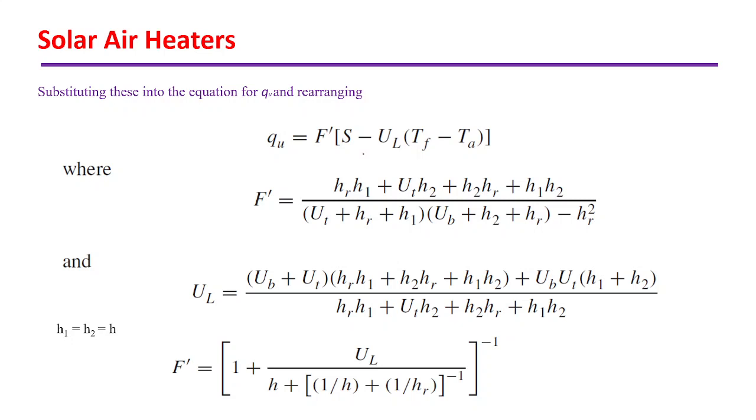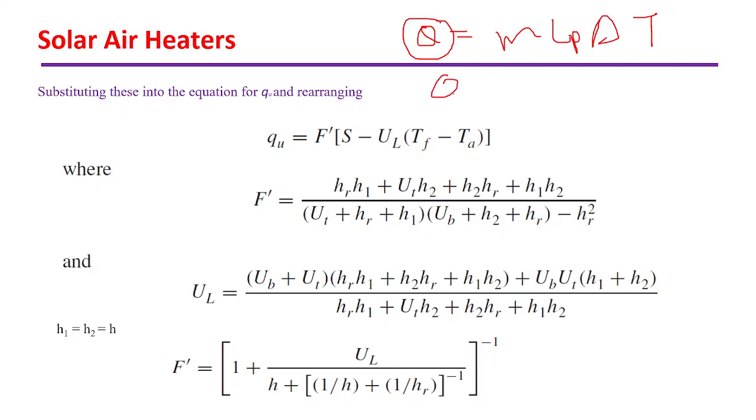The basic useful energy gain Qu is F dash (S minus UL (Tf minus Ta)). For simplicity, just see the very basic equation, which gives the overall heat transfer coefficient, or the heat retention capacity, and ultimately gives the useful energy gain. So Q is equal to m cp delta T, where delta T is the difference in temperature in the system.